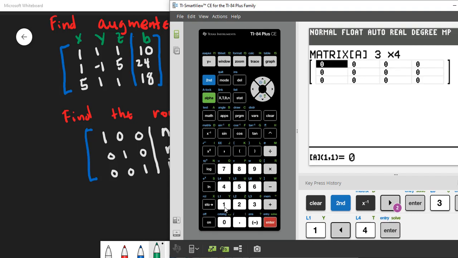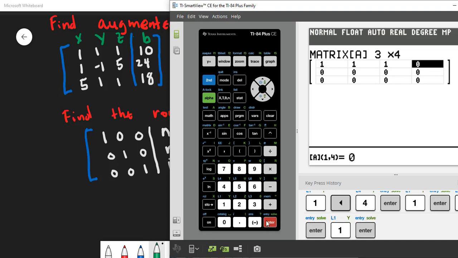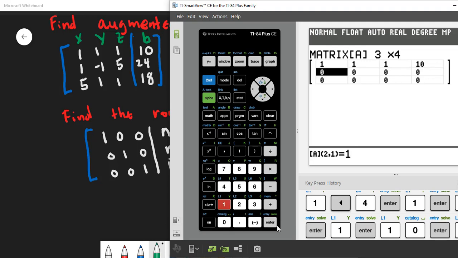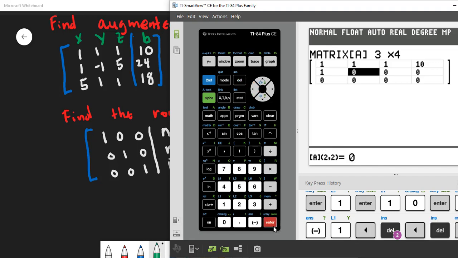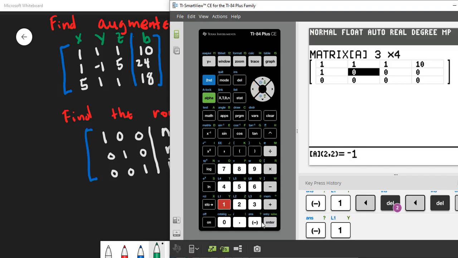And the entries are going to be as follows: 1, 1, 1, 10, and then we have 1, -1. Wait, we're going to have to delete some of these. So that should be a 1, and then that's a -1.